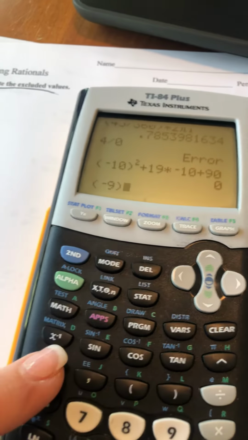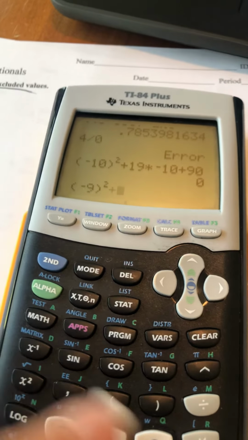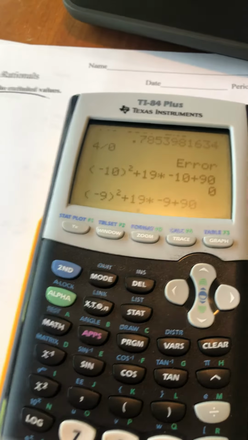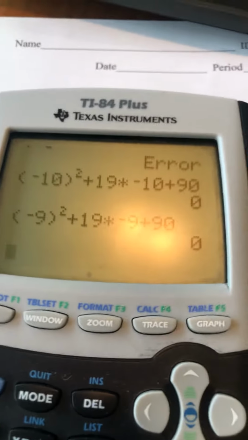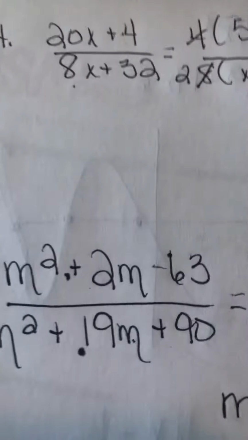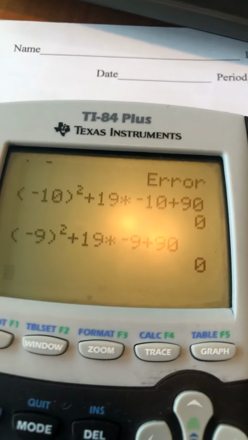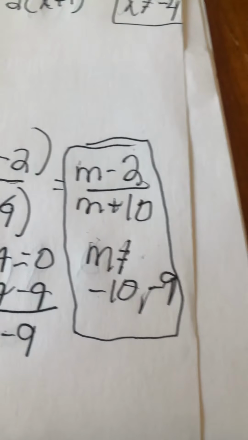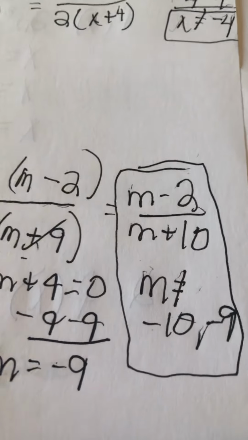Now if I try negative 9 in the same way, see, in both cases, when I plug in negative 10 for m or negative 9 for m, it comes out to equal 0. So my solution to this problem is (m - 2) over (m + 10), and m cannot equal negative 10 or negative 9.